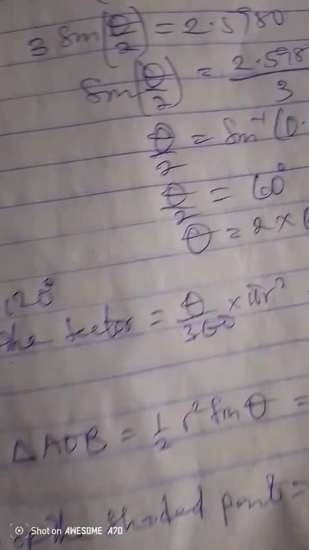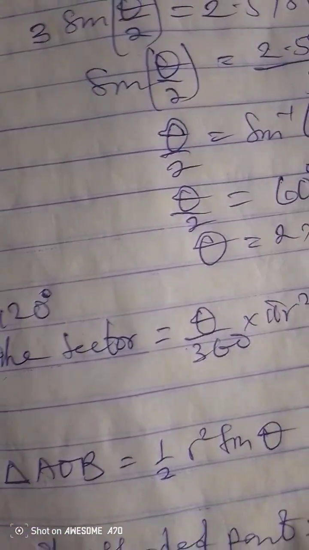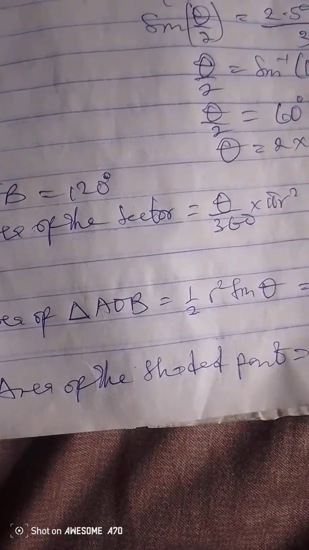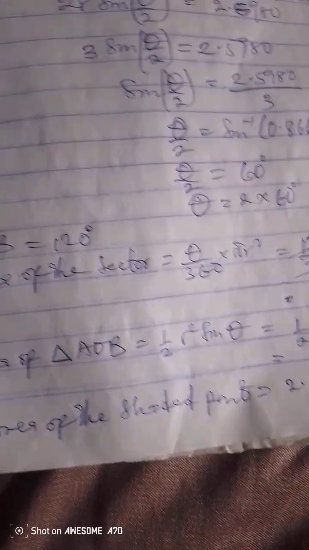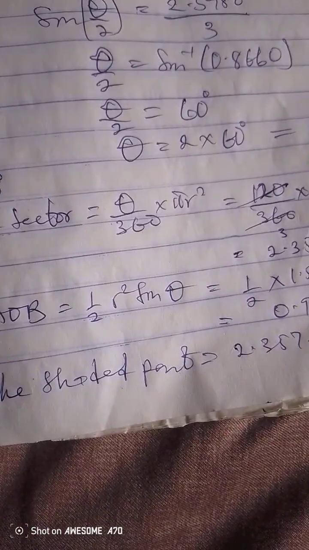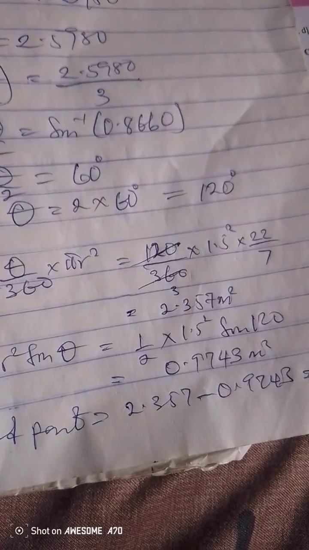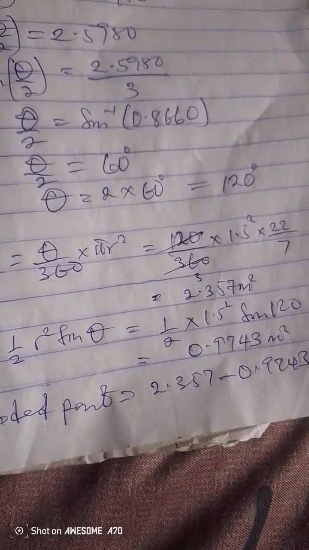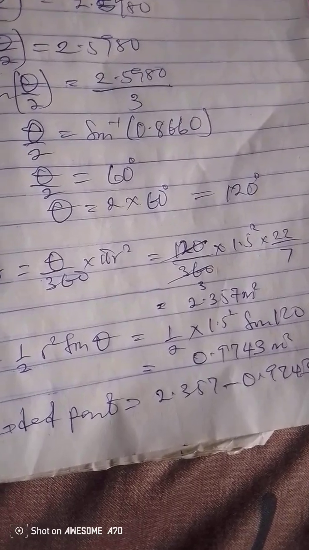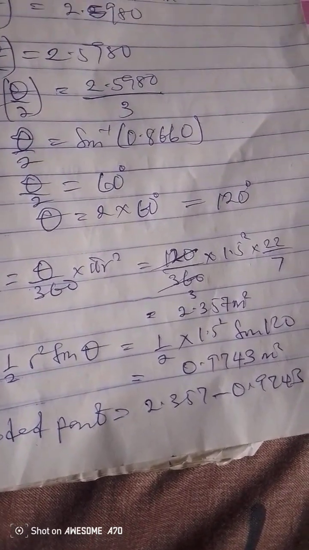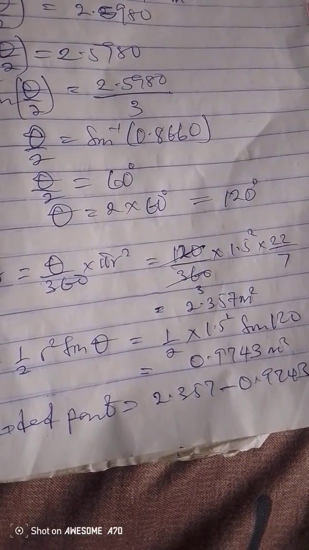So we need to find the area of the shaded part. Therefore, we need to find the area of the isosceles triangle AOB, which is half r squared sine theta. That is half times 1.5 squared times sine 120 degrees. So that gives us 0.9743 meters squared. So that's the area of the isosceles triangle in the cross section.